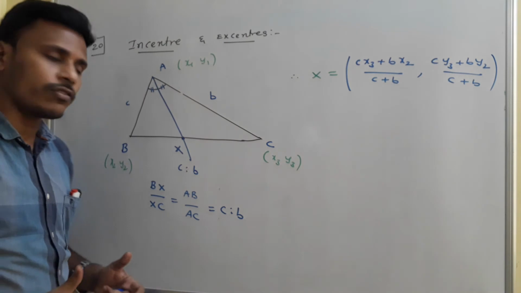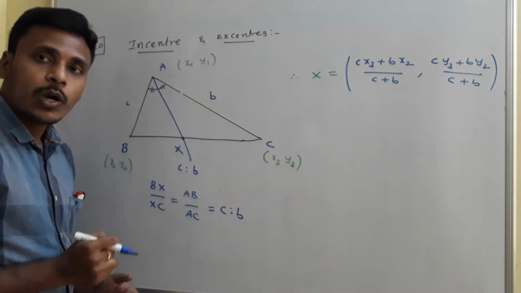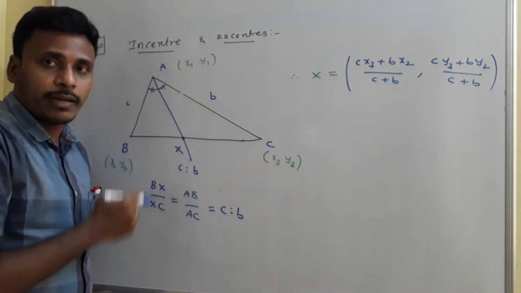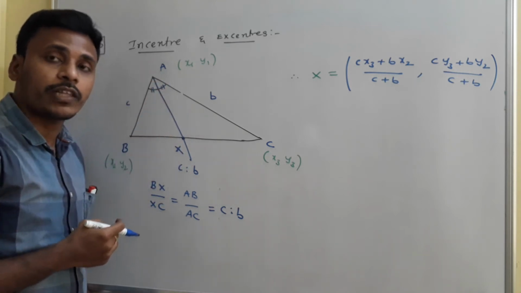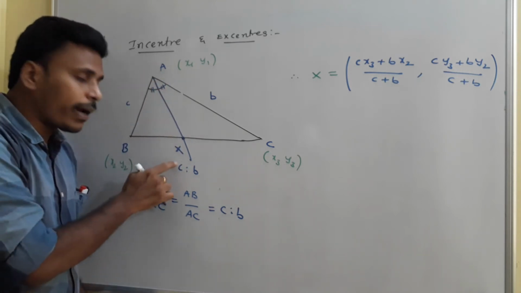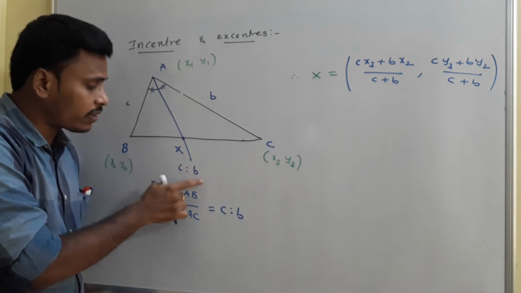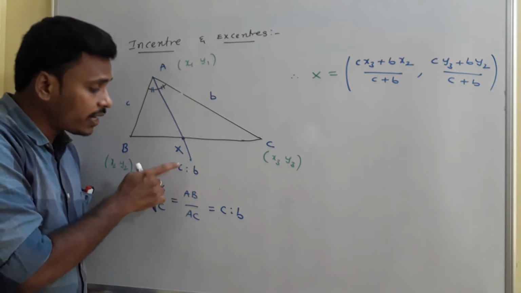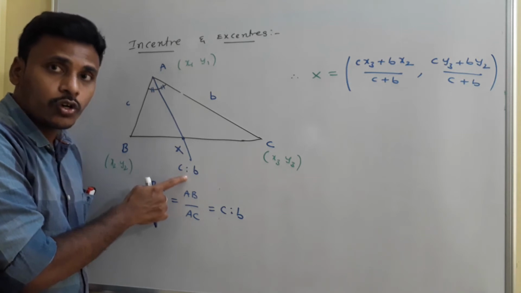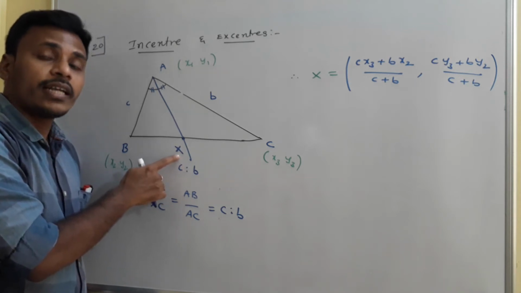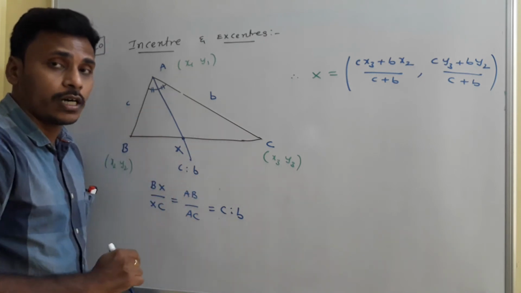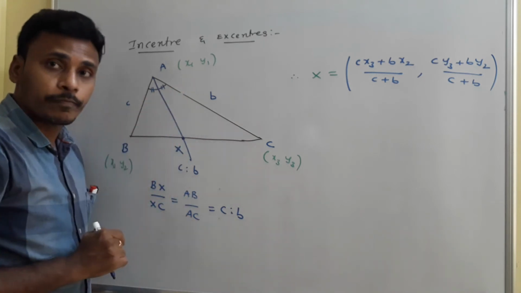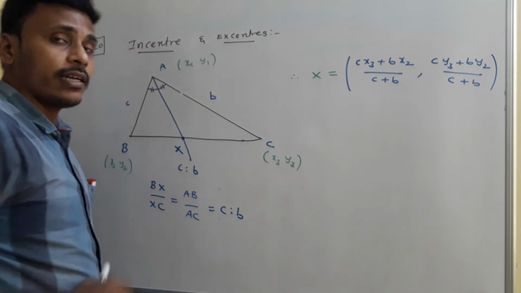Just by the section division formula, this X, which is the foot of the angular bisector, or the point of intersection of the angular bisector with its opposite side, you get by the angle bisector theorem this ratio. And since X divides BC in this ratio, by the section division formula X is simply that.